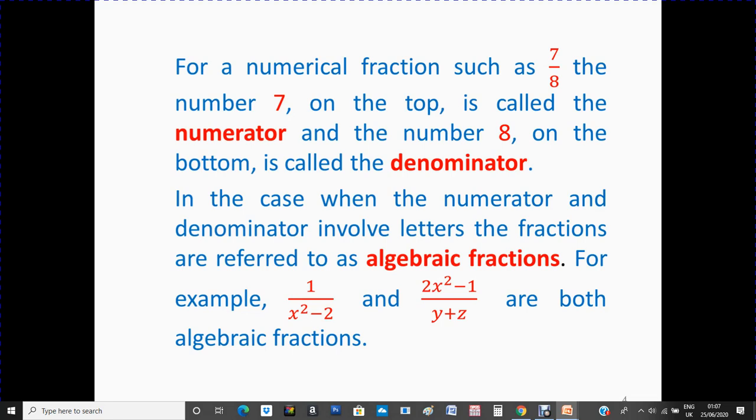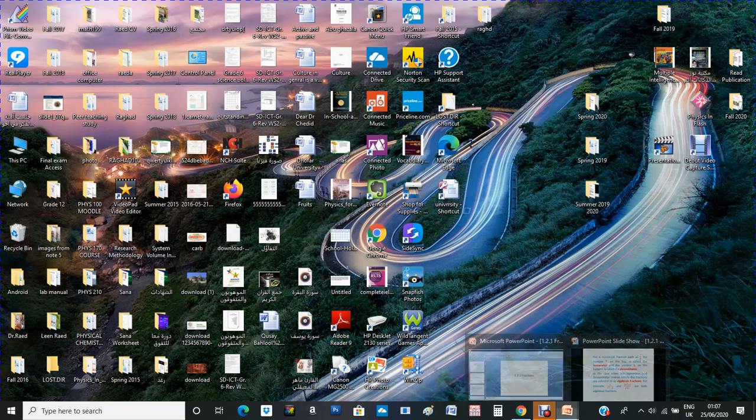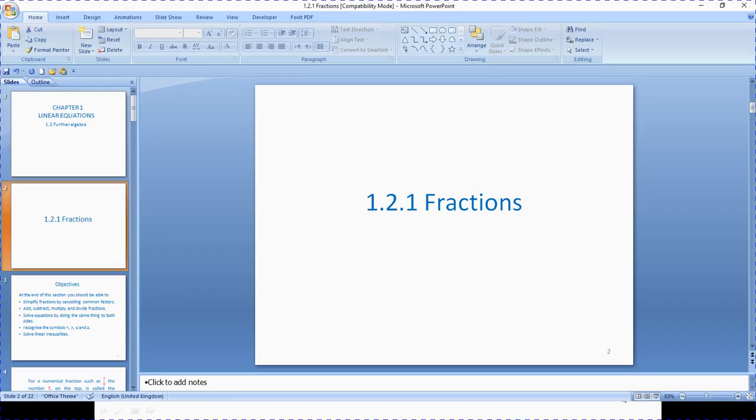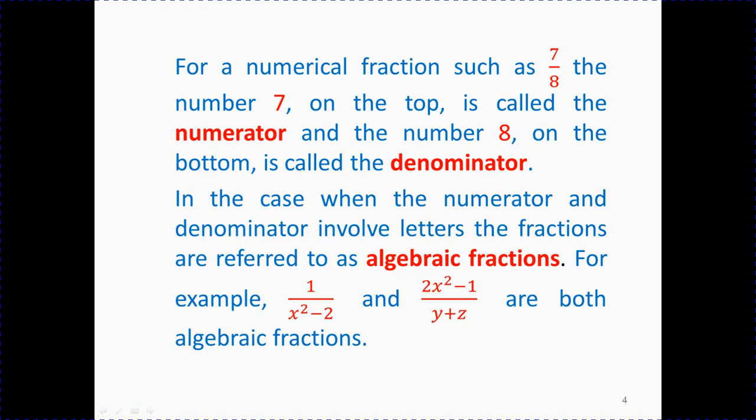Now, for numerical fractions such as 7 over 8, the number 7, which is on the top, is called the numerator, and the number 8 is the denominator.